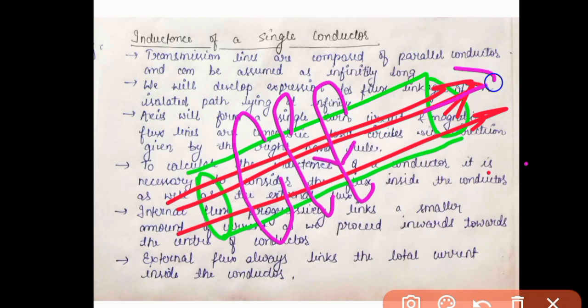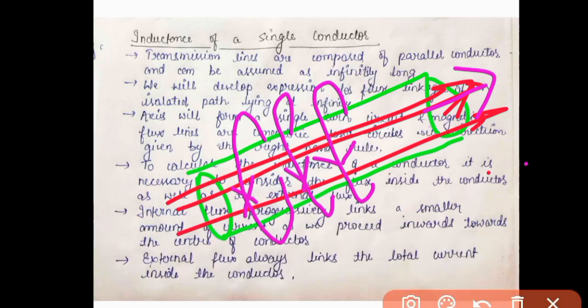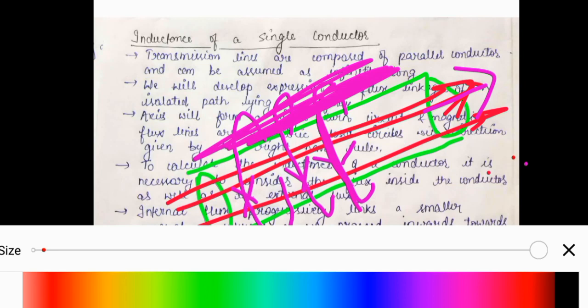If current is on the right hand side, then downward is the magnetic field's direction. The magnetic flux links outside the conductor, and it also links inside the conductor.